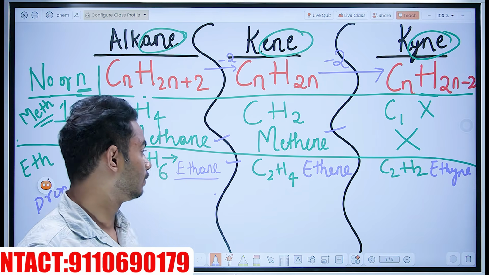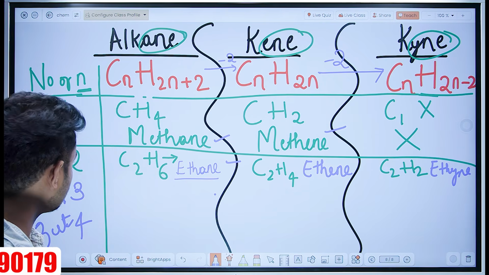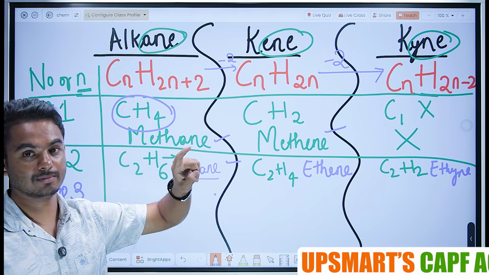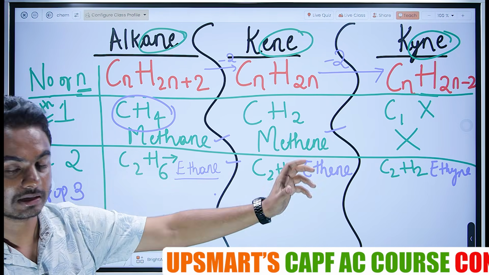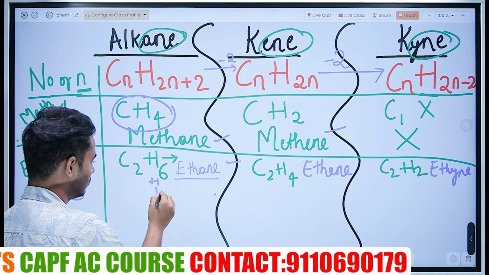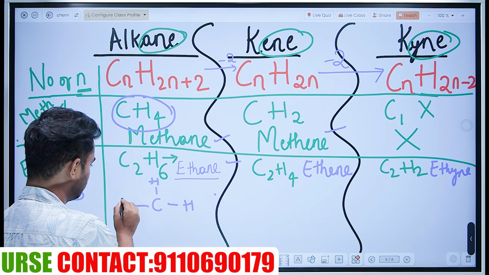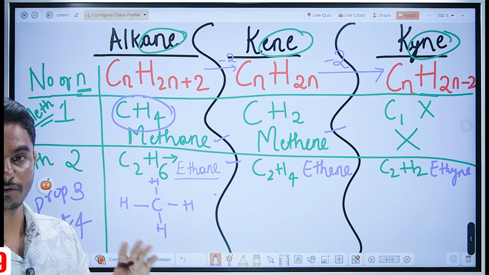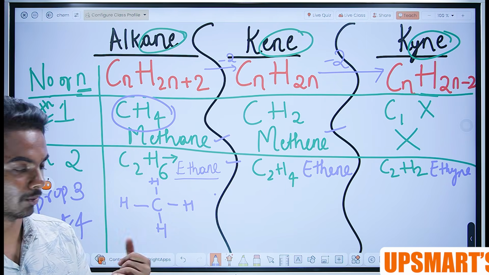only single bond. Now you see why only single bond. Now we have CH4. I told you the maximum number of bonds carbon can create is 4, and here they are single bonds. C will be like this, with H. Maximum number of bonds are 4, all are single bonds.